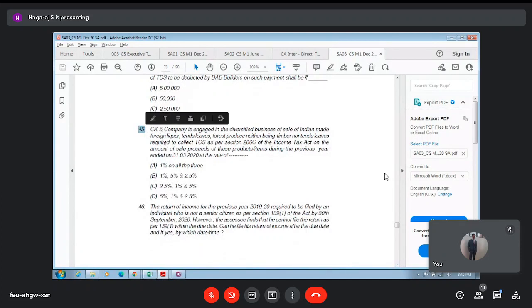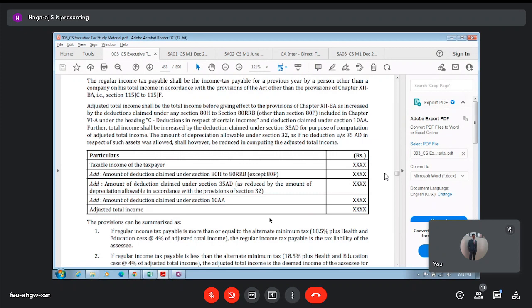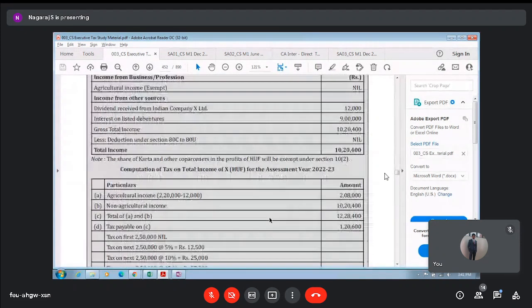$45. Okay, it is related to TCS. CK and companies engaged in the diversified business of sale of Indian-made foreign liquor, tendu leaves, forest produce, neither being timber nor tendu leaves, required to collect TCS. If you guys have seen the TDS chapter, they have given the list. TCS 206.